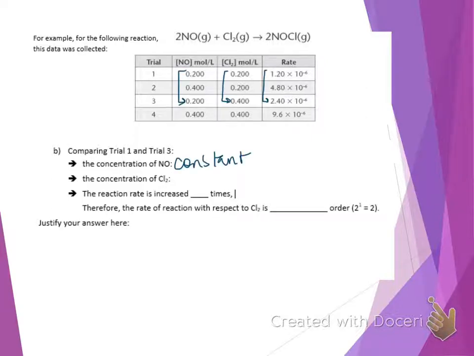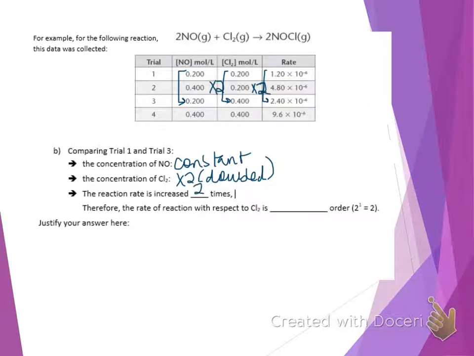Our Cl2 concentration is doubled, and we can see that our rate doubled as well, from 1.2 to 2.4.